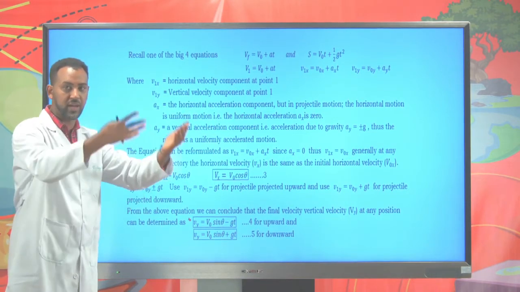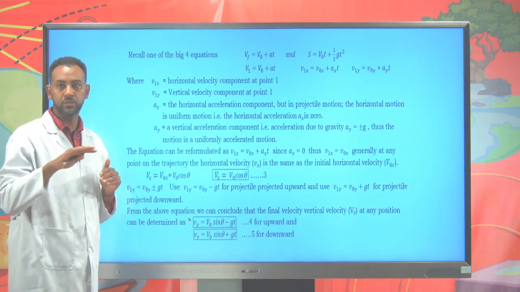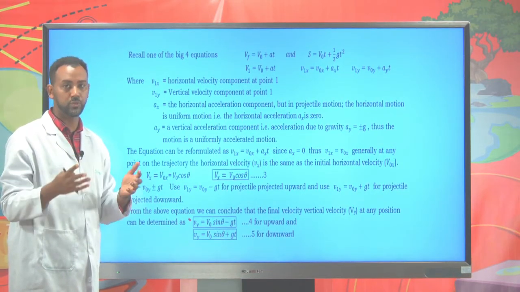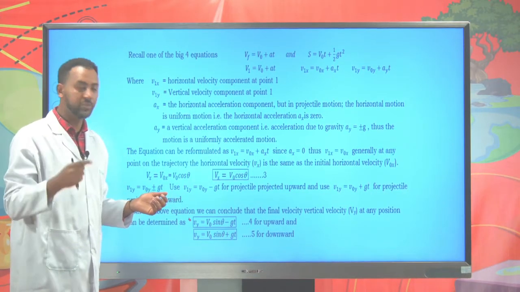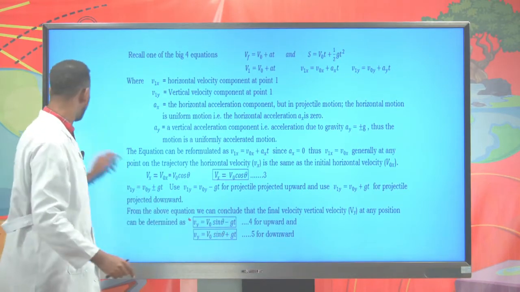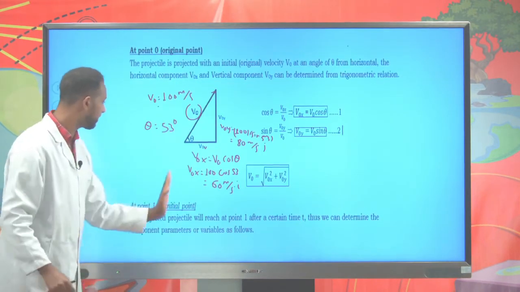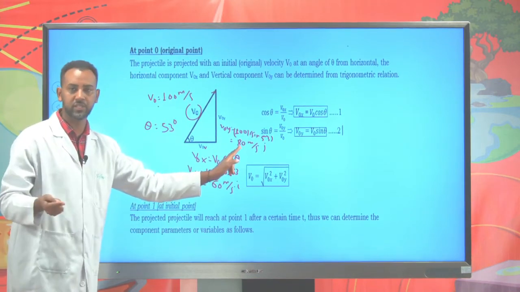But at a given time t, after a certain time t, the horizontal velocity component remains constant since the motion is uniform motion, but the vertical component can be determined using the time t: v naught sine theta minus gt. Previously we found that the vertical component of the initial velocity is 80 meters per second.